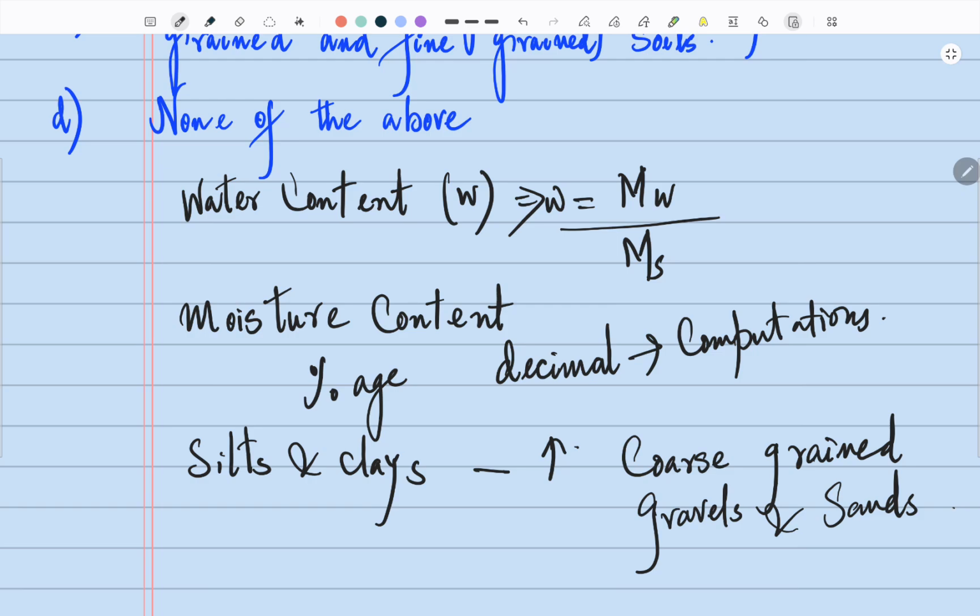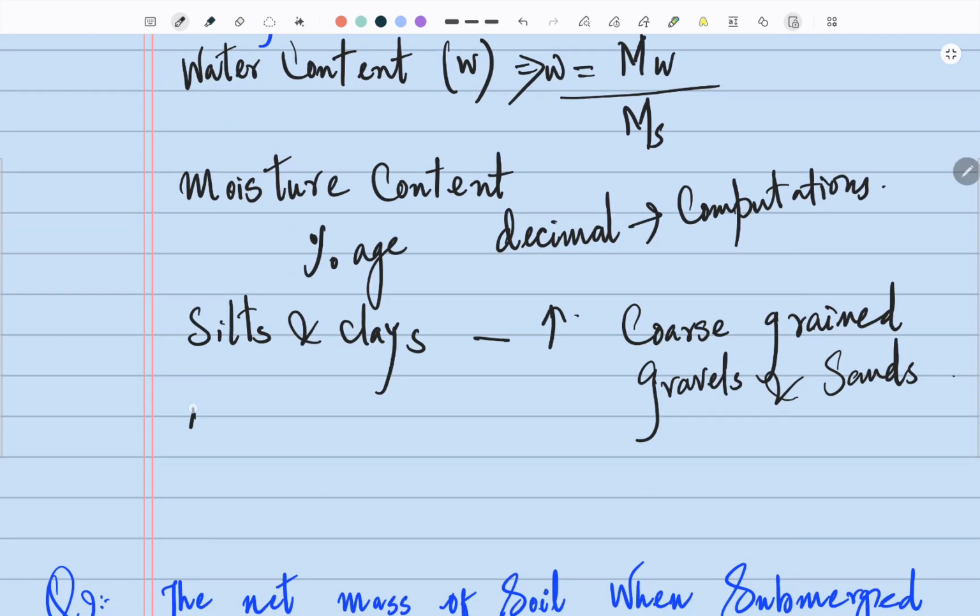The water content of some of the fine-grained soils may even exceed 100%. What does that indicate? That indicates that more than 50% of the total mass is that of water.